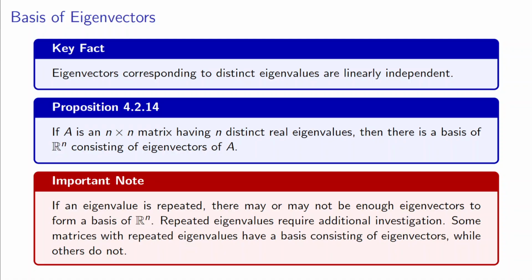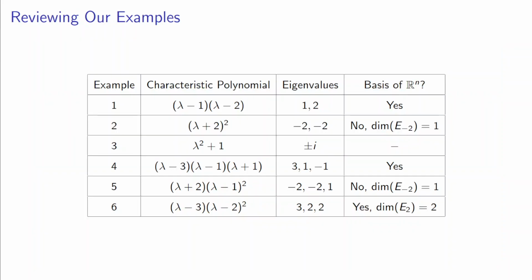Some matrices with repeated eigenvalues have a basis consisting of eigenvectors, and specifically, I should say, a basis of Rn, while others do not. So if we go back to our examples, in the first example we have these two distinct eigenvalues. So yes, we get a basis of R2. In the second example, we had that repeated eigenvalue.